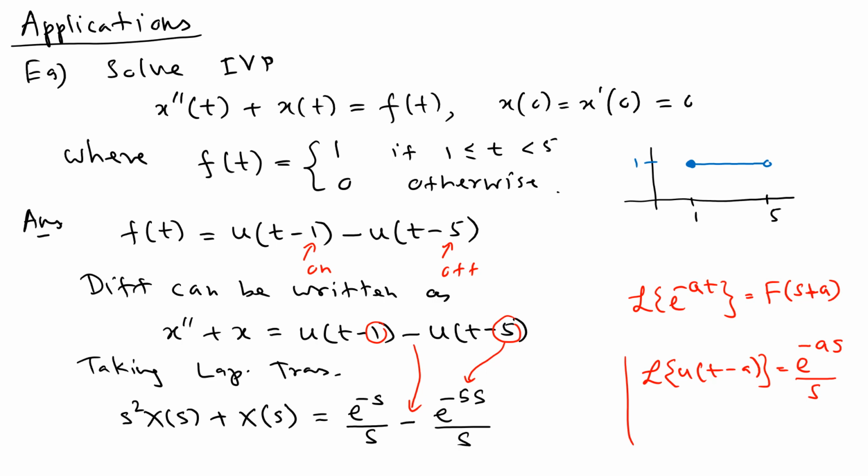Now what we're going to do is solve for X(s). That's it. We're almost done, so let's do that part and learn how to do it. Same thing as we did before, there's nothing new here.